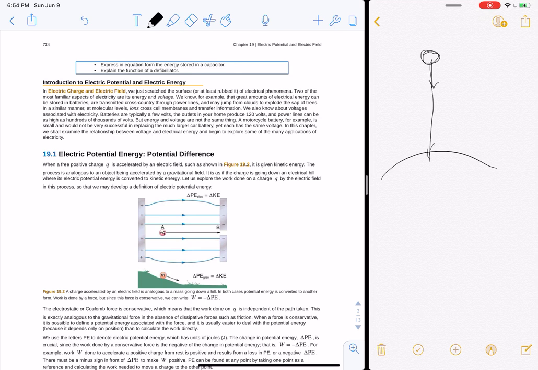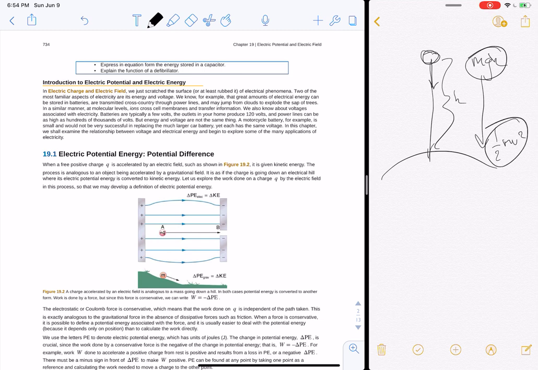We know the force is mg, and that equals ma, so we get our acceleration, 9.8 meters per second squared. If this ball is dropped from a height h, we have a certain amount of energy, mgh, and when it hits the bottom, it has a certain amount of energy, 1/2 mv squared. So we converted our potential energy into kinetic energy.